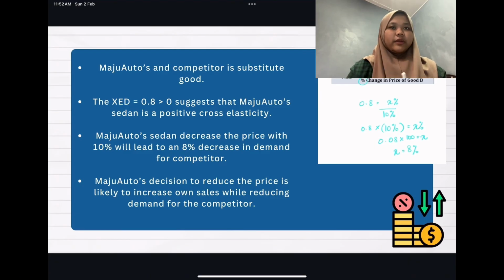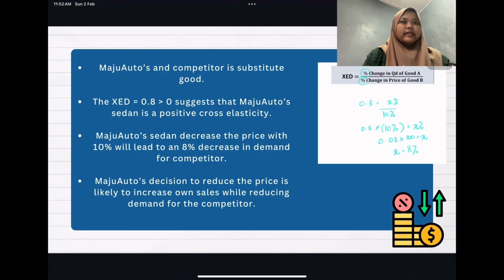To answer that question, XED is 0.8, equal to the percentage change of quantity demanded of competitors divided by the percentage change of Maju Auto. So 0.8 equals X percent divided by 10%.